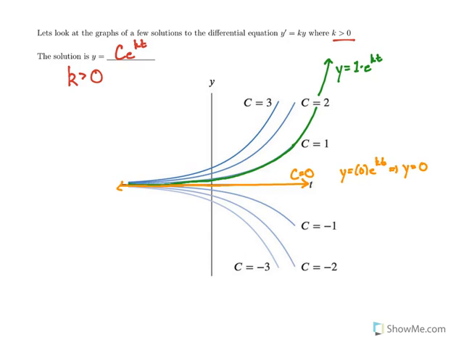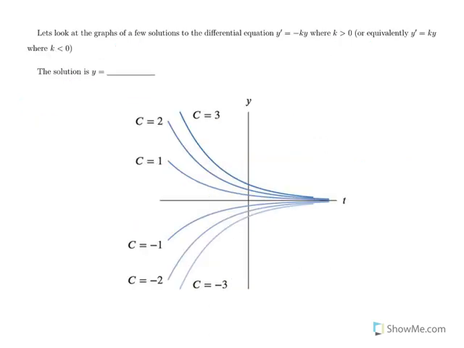Let's see what happens when k is less than 0. So note that this is exponential growth. Even though it's exponential growth, even if we're talking about going down, right, to negative infinity, we're growing to negative infinity. So that is thought of as growth. If k is less than 0, we still have the same solution.